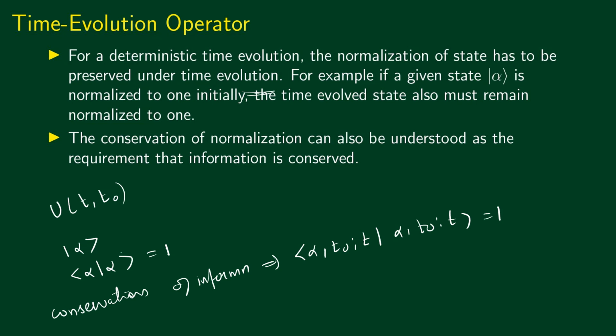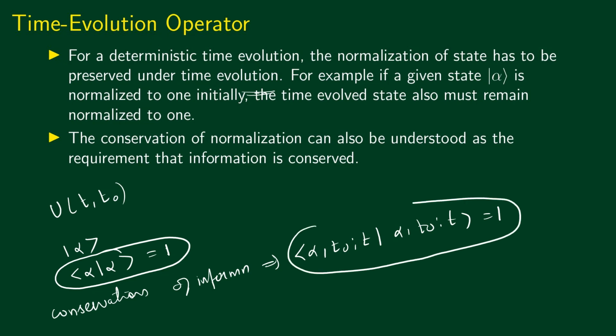So if the state is normalized to 1 at the initial time, we are requiring that the state is normalized at a later time also. In other words, the normalization is not changed by time evolution. So again, this is the claim: conservation of information implies conservation of normalization.